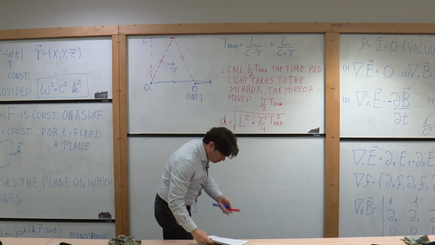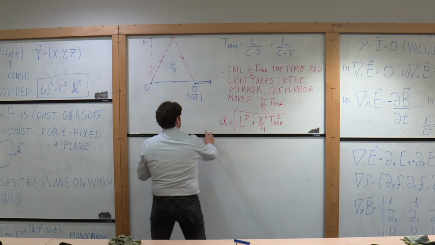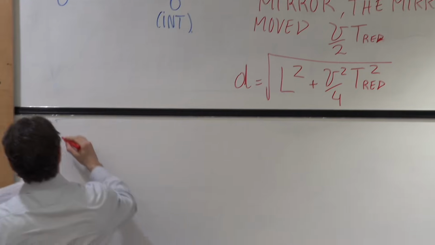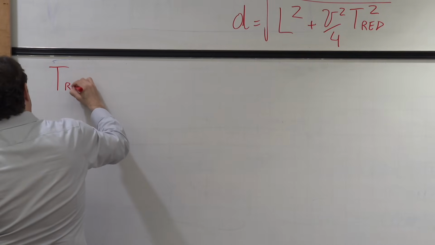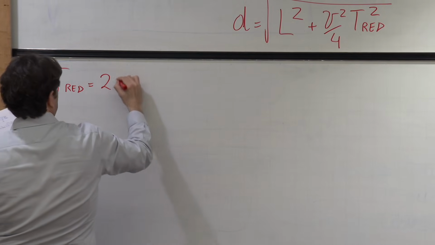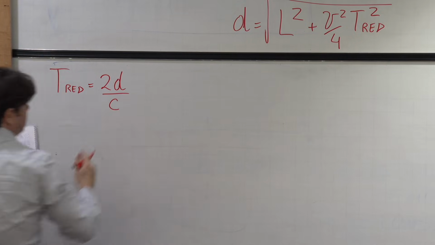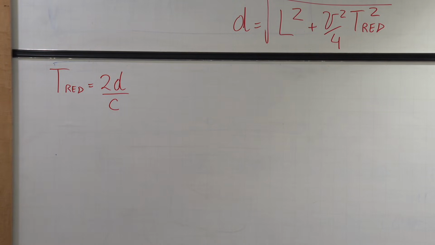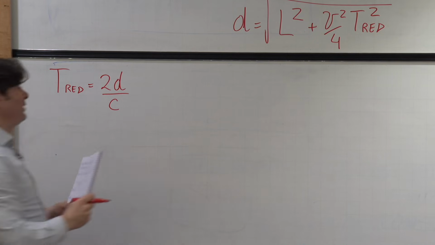So by definition, T red is the total distance, which is 2d, divided by the speed of light, c, okay? But d, we just got it from here.